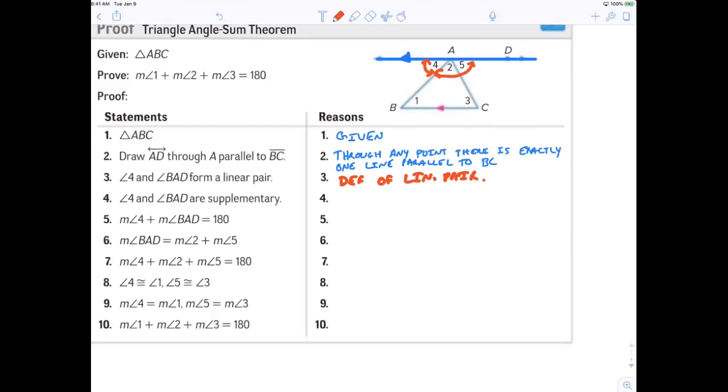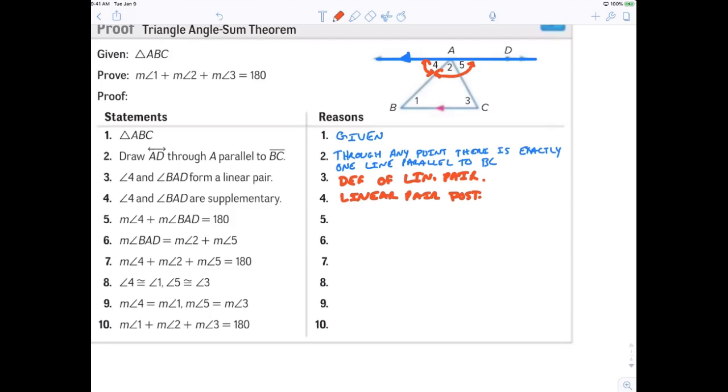Now, angle 4 and angle BAD are supplementary. That's the linear pair postulate, which to me seemed a little redundant. But now why does angle 4 plus the measure of BAD equal 180 degrees?